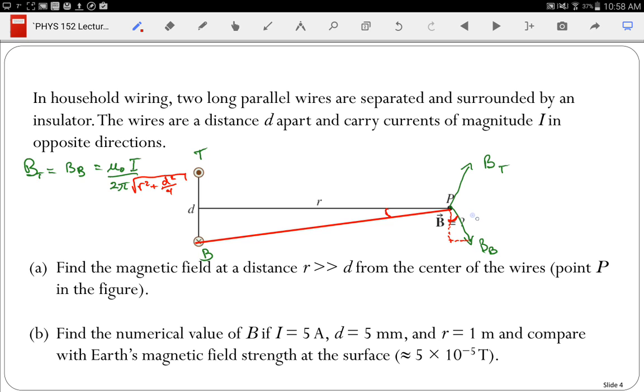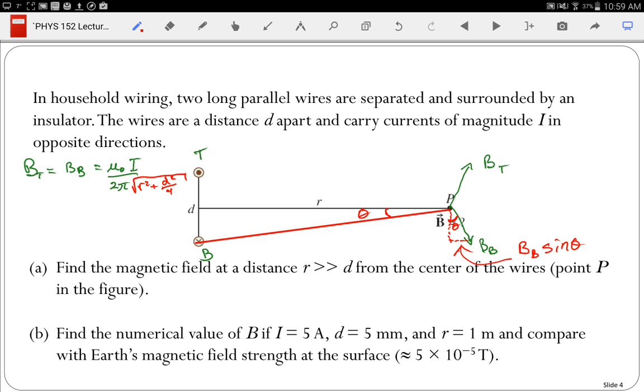And so if this side here is B, the hypotenuse, what is the opposite side going to be? Yeah, it'd be B sine of theta.